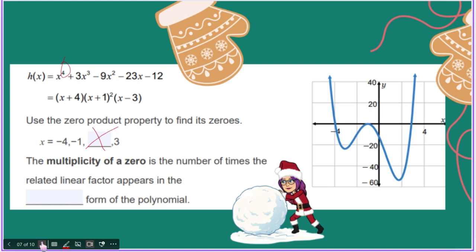It's only going to be 3 x values. And the multiplicity of a zero is the number of times the related linear factor appears in the factored form.